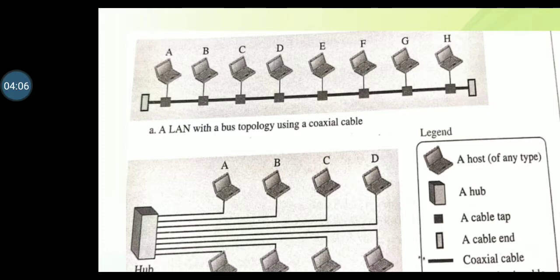Station A measures the level of energy on the medium for a short period of time, normally less than 100 microseconds. No station is sending if there is no signal energy on the medium or the signal has not reached station A. Station A interprets the situation as an idle medium and starts sending its frame.